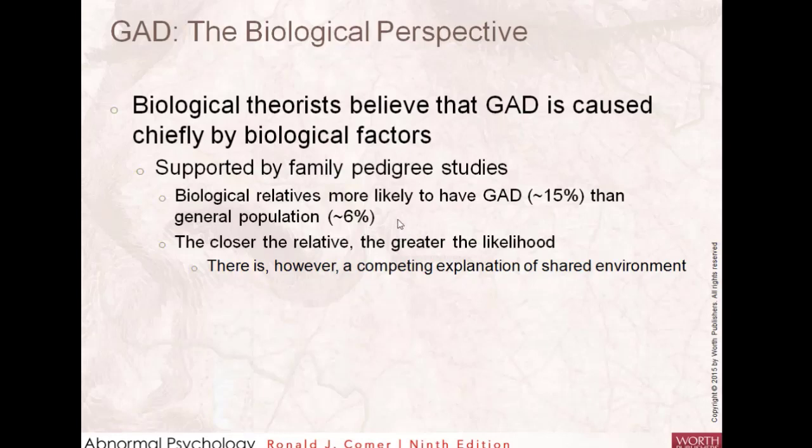So you are at an increased risk for developing generalized anxiety disorder if you have a close biological relative with that disorder. Now, does this indicate the possibility of a genetic component? Absolutely. However, it may not be the genetic component. What makes this kind of research hard to do is that you often get your nature and your nurture from the same people.